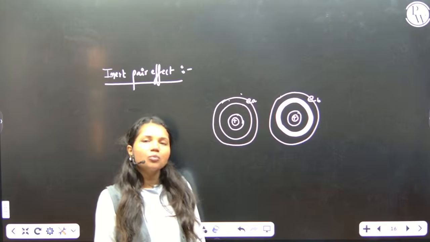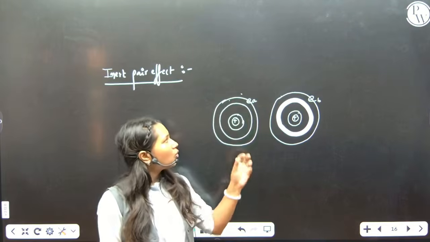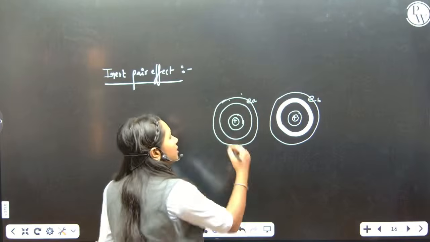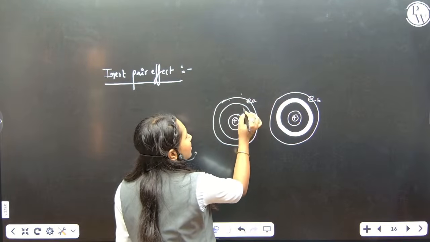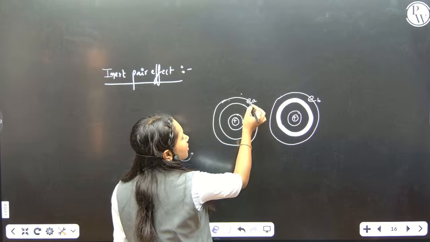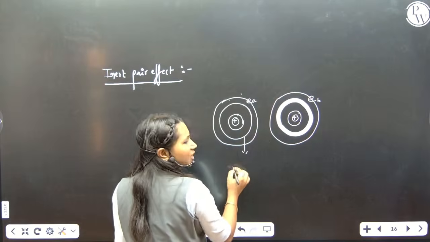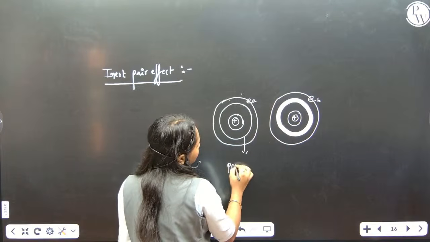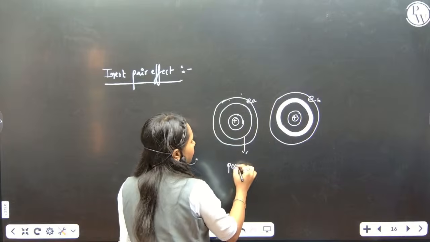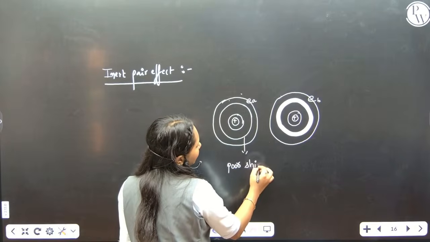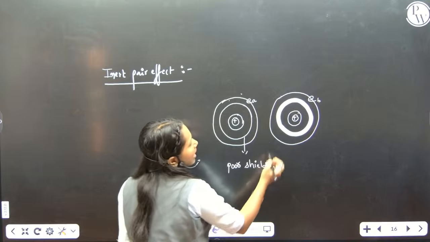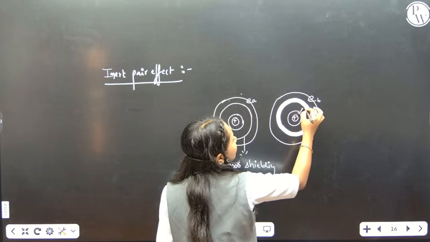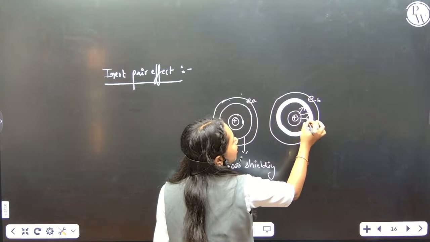So if you see, this is the nucleus, and here the shielding is poor. Shielding of this shell is poor, so the nuclear charge is not blocked much.